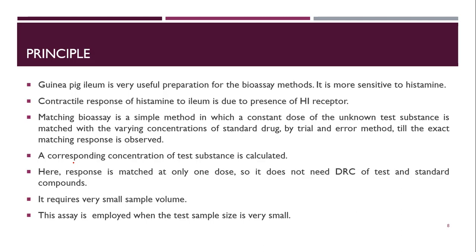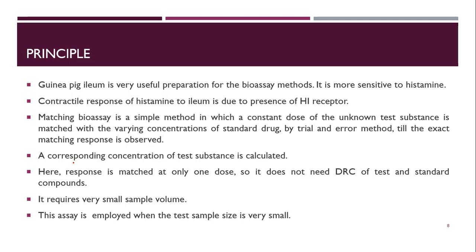Okay, so we are keeping the test substance dose at a constant value, and what we are changing is the standard drug concentration values. Whichever concentration of standard has a response height that matches with that of the test, that standard we will consider for further calculation.